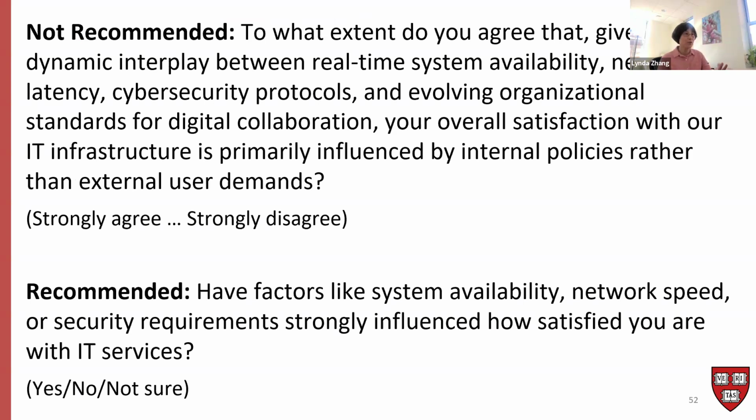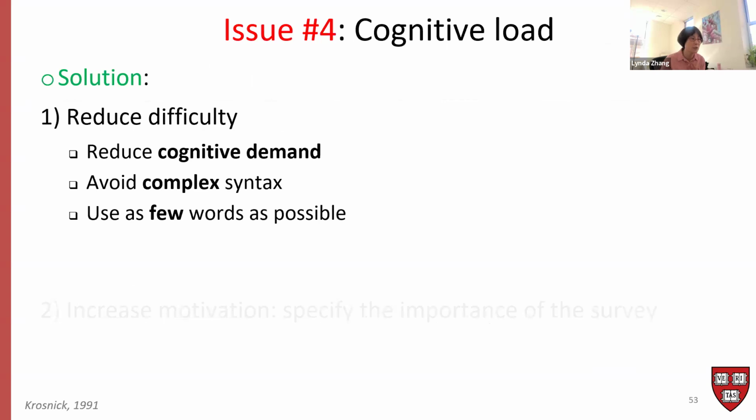It's really very difficult to answer this question, like to what extent do you agree that your overall satisfaction is primarily influenced, but it's really difficult to answer. But you can simplify it, then they'll read it. Do factors like system availability and network speed strongly influence how satisfied you are? Therefore, reduce the cognitive load. Use as few words as possible.